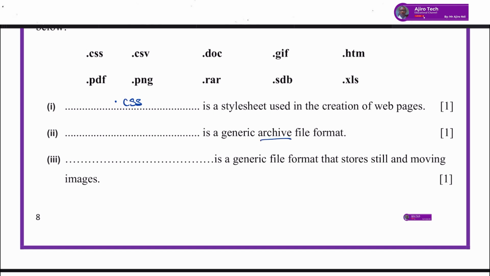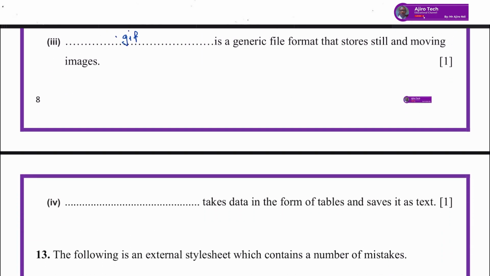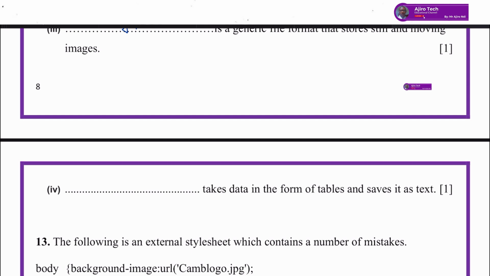Archive. So that's your .rar. That is the file format that stores still and moving images. That's your .gif. So not just moving images, it also stores still ones. That takes data in the form of tables and saves it as text. That's .csv, comma separated value. The CSV.